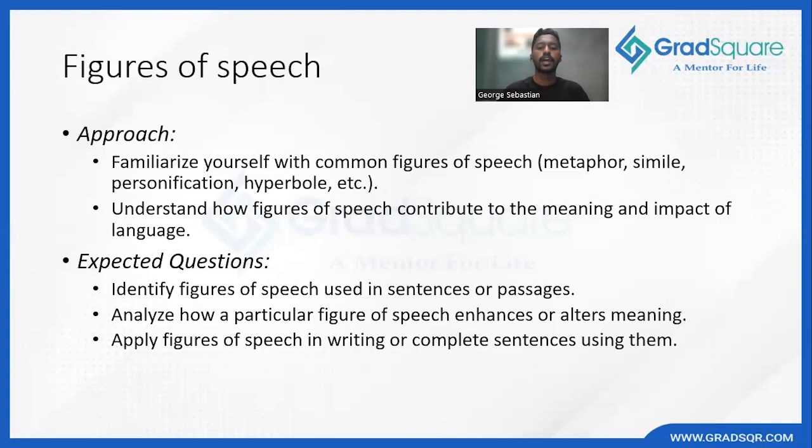If that is understood, it will be very useful to ace these questions. Some common expected questions are error spotting, and they may also ask us to apply figures of speech in writing or completing the sentence.